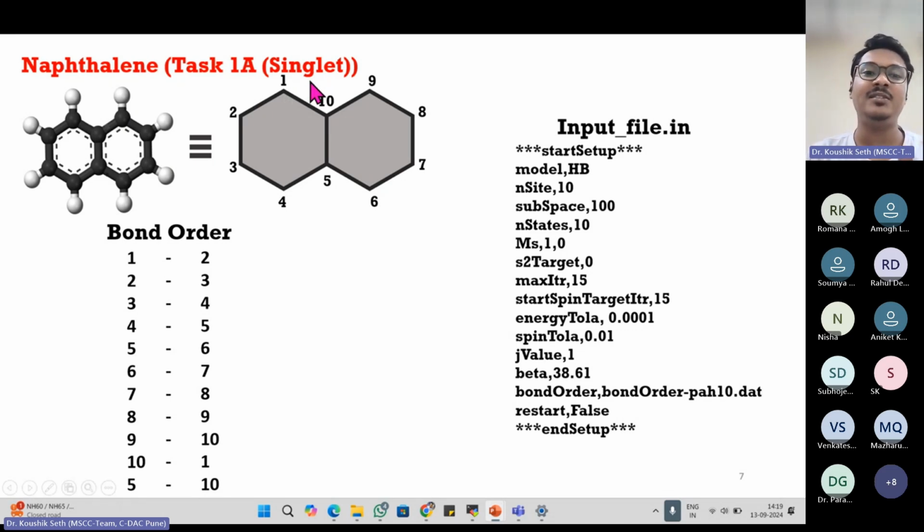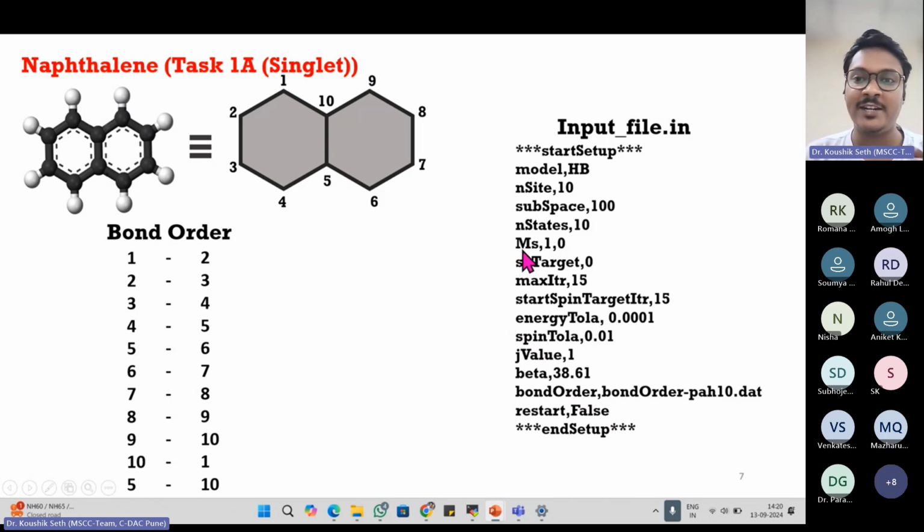For the triplet state, we have 2 unpaired electrons. How a triplet state is possible for a 10 site system is 4 up spin, 6 down spin. From that, we have 2 unpaired down spin, or if there is 6 up spin, 4 down spin, we have 2 unpaired up spin. That makes a system triplet. Each spin has ms value half.